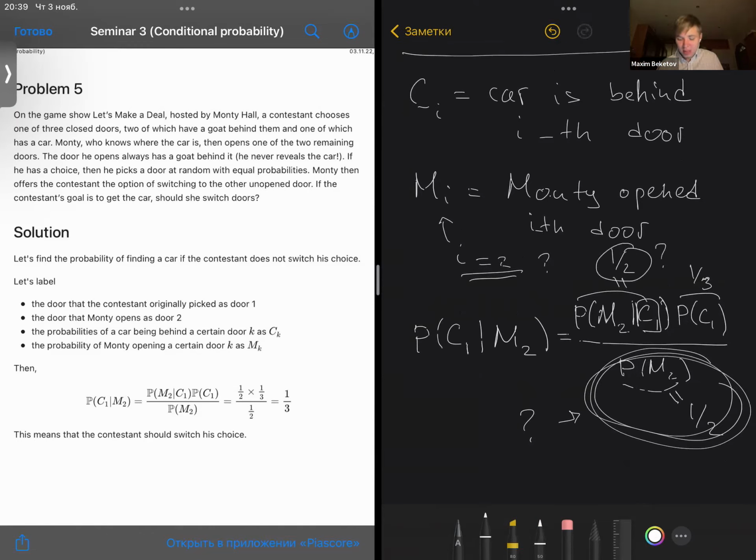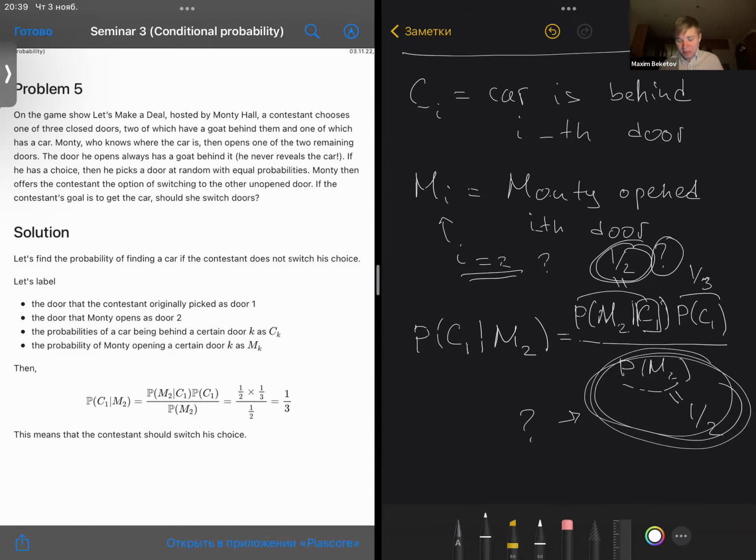It is a very strange thing, because I would say that this probability is 1, because we labeled the doors this way. Because you see, the second line of the bullet list says the door that Monty opens is door number 2. So Monty always opens door number 2, no matter what the condition was, right?